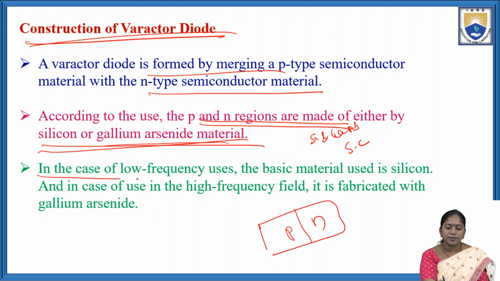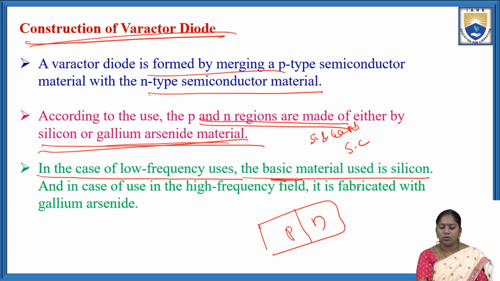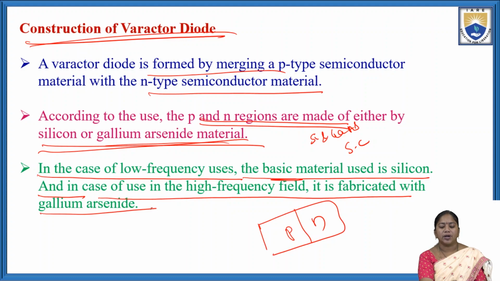In the case of low frequency uses, the basic material used is silicon, and in high frequency applications, it is fabricated with gallium arsenide.